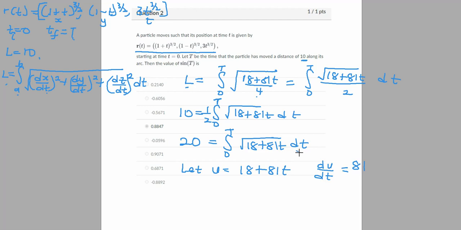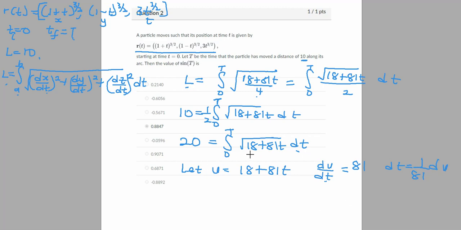I don't want to have dt here, so I'll make dt the subject of the formula. That means my dt now equals 1 over 81 du.